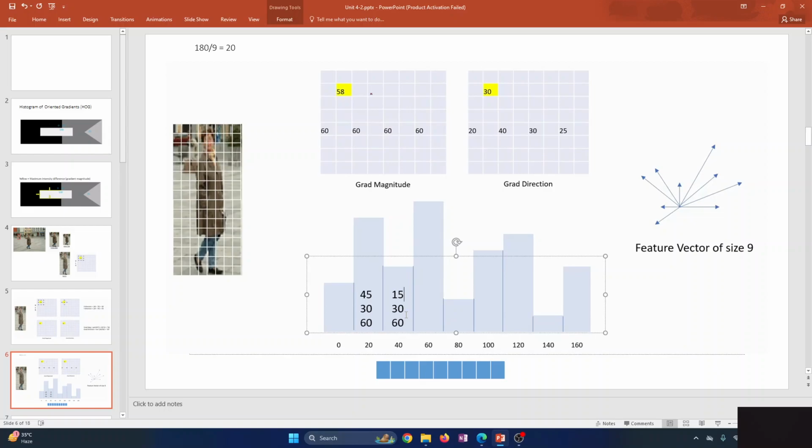Now next is 25, and we know that 25 is nearer to 20 and a bit far from 40. So we took ratios. The 3 by 4th part comes here and the 1/4 part comes here.